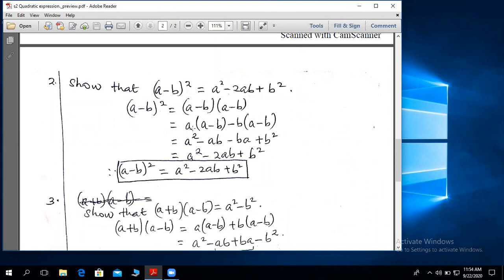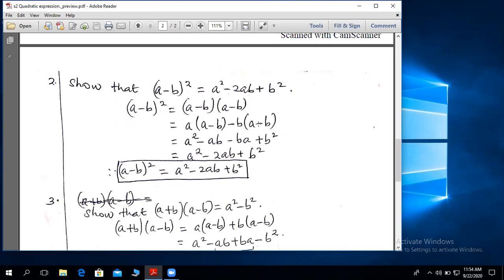So a times negative b, the answer is negative ab. Then negative b times a, the answer is negative ba. Then plus b, negative b. A negative times a negative, the answer is positive.